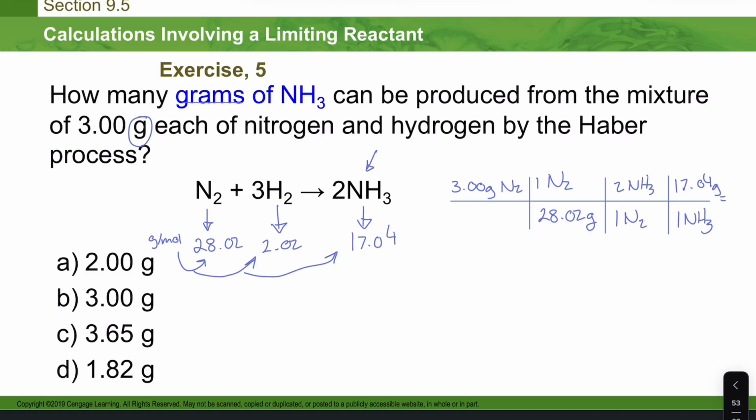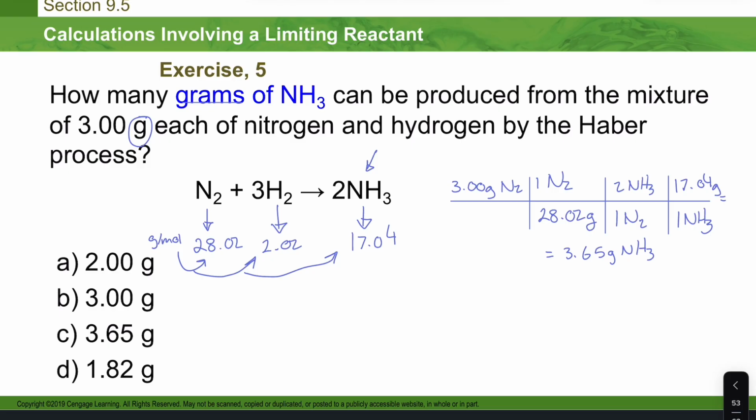When we do this, we say 3 times 2 times 17.04 and divide that by 28.02. The answer we get is 3.65 grams of NH3.